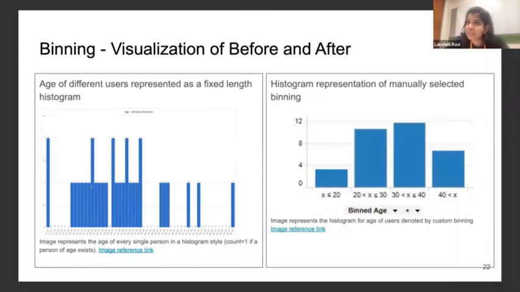The image on the left hand side represents the age of the person, for something like, let's say, people who shop at Amazon. The image on the left hand side shows whether a person of that particular age exists who shops at Amazon, and what is the frequency of that.